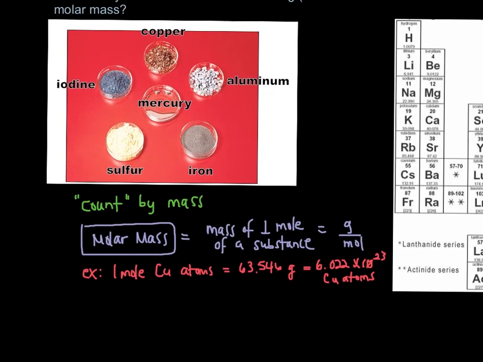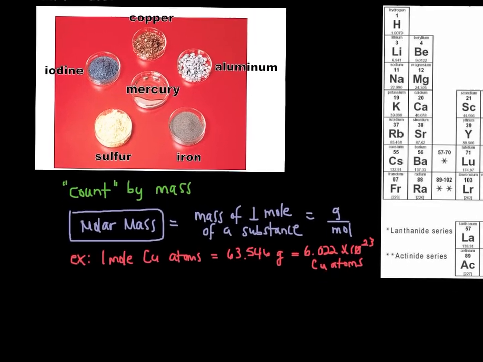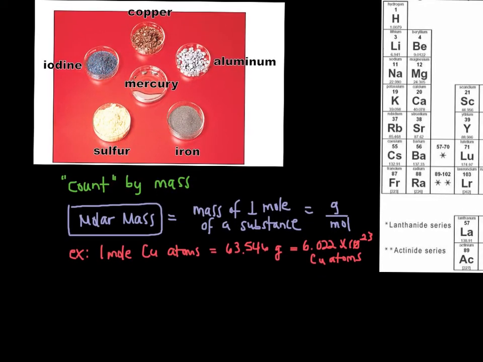So if I wanted to weigh out a mole of iodine, like right here, I would need to weigh out 126.90 grams, which would be a mole, or 6.022 times 10 to the 23rd iodine atoms.